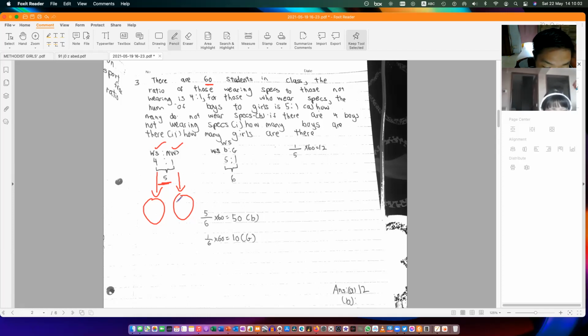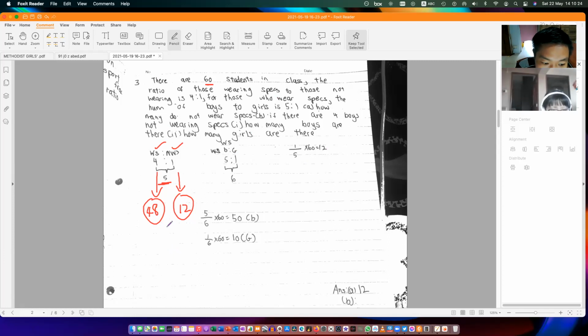Or do you know how to figure out or you don't know how to figure out? Okay. Not wearing spectacles are 12. 12, okay, here's 12. Then wearing spec? It's 48.